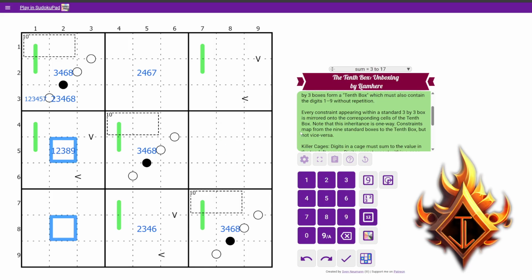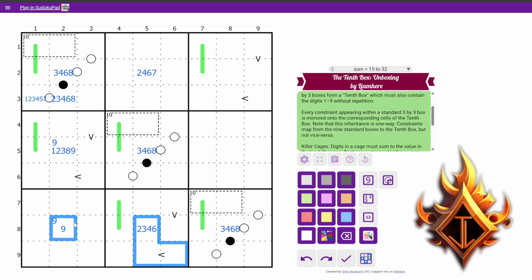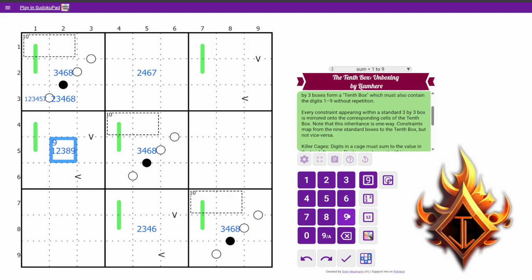So these two are the only ones that can be. And this one has to be less than that one because of this. So this one cannot be 9. This is the only spot for 9.